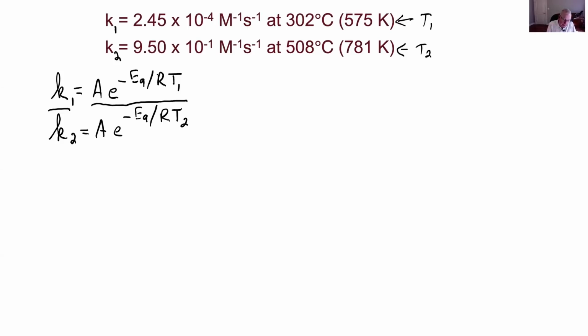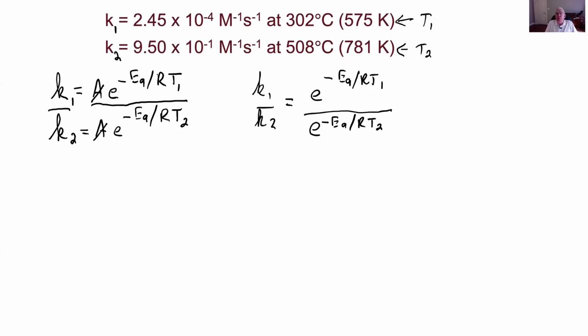When I do that, my A's go away, right, because I can cancel that. So now I have K1 over K2 is equal to e to the minus E sub A over RT1, over e to the minus E sub A over RT2.